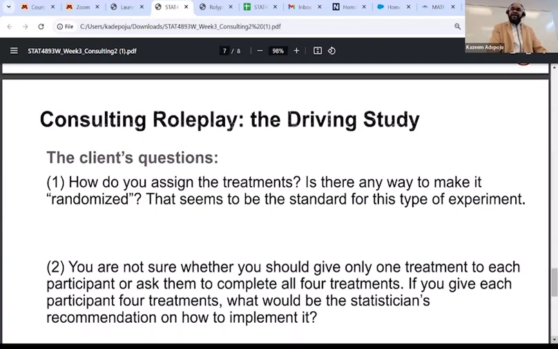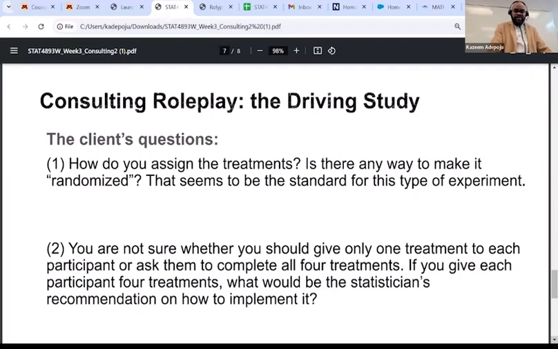I'm going to show you the client questions and the likely client questions. This is just to guide you. This may not be the real questions or the hypothetical questions that you're going to have between you and your peers, but this is to serve as a guide.